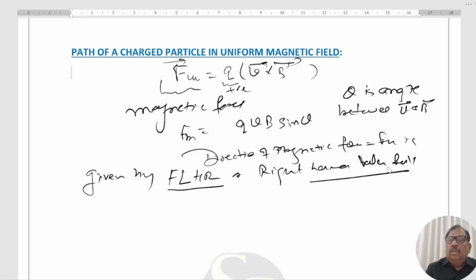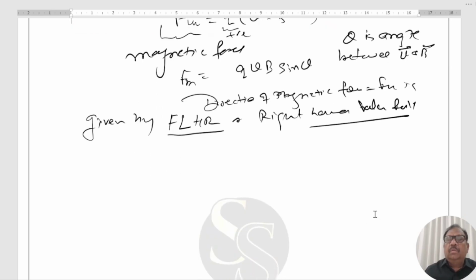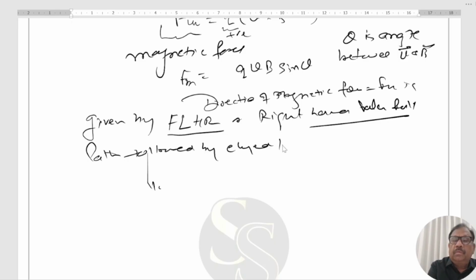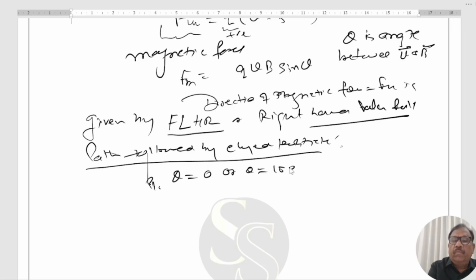Now, there are three cases of the path followed by a charged particle when entering the uniform magnetic field. Case 1: theta equals 0 or theta equals 180 degrees.